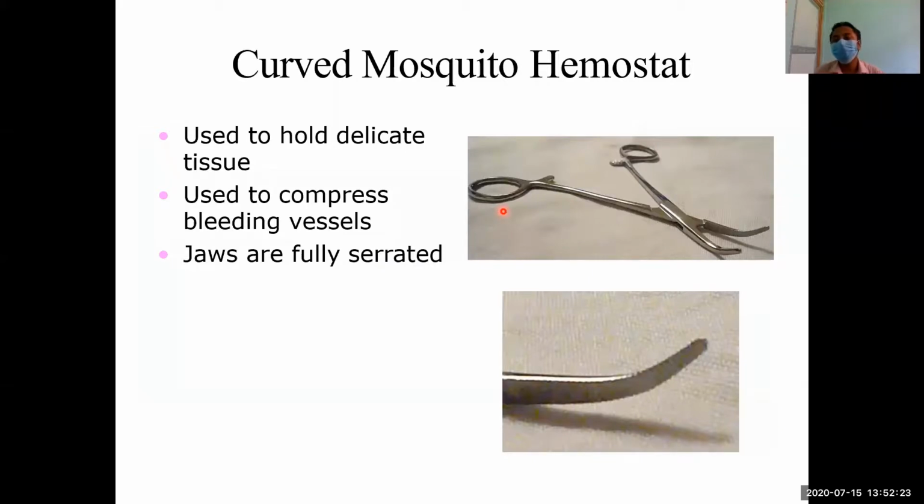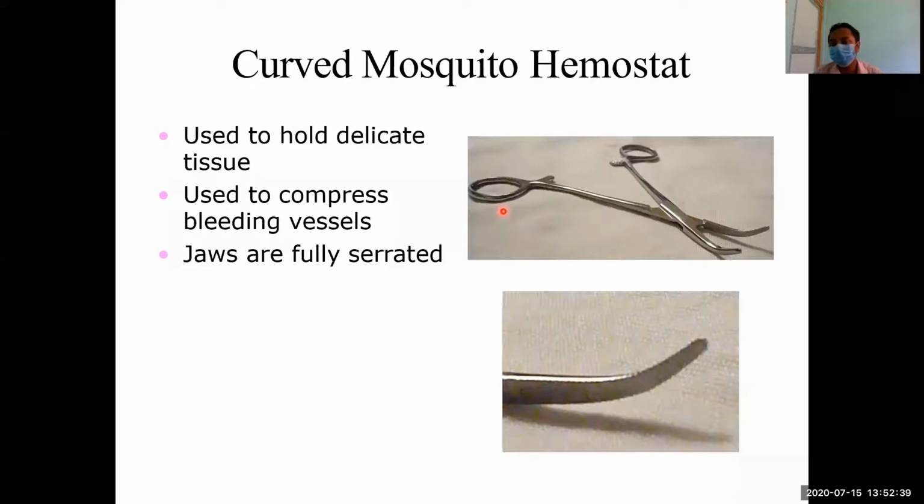Whenever we talk about hemostatic forceps, the main purpose is hemostasis, right? So, to hold bleeders or blood vessels to achieve hemostasis. Generally, in colloquial terms, we will say artery forceps.